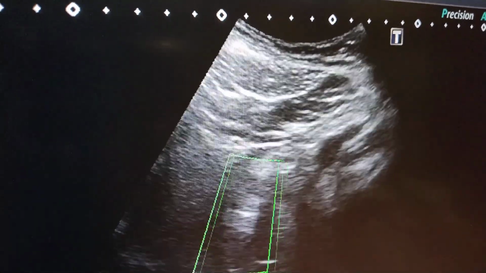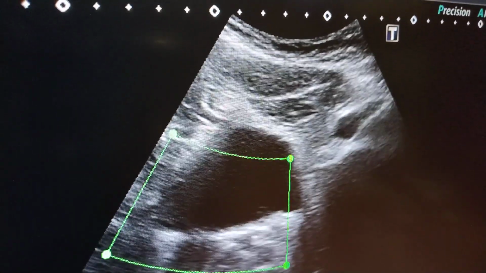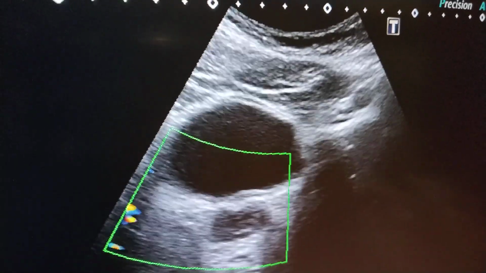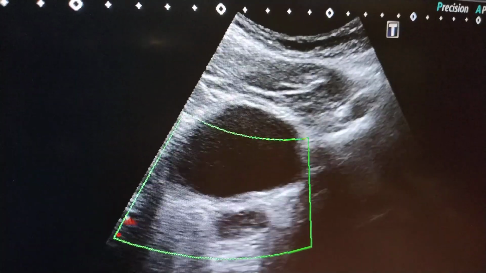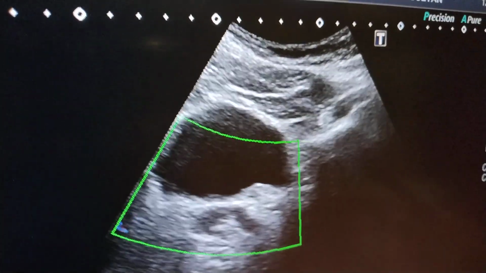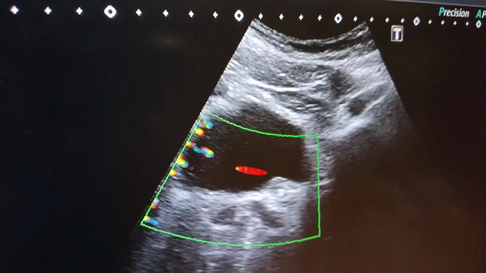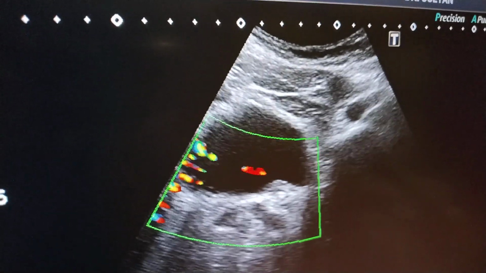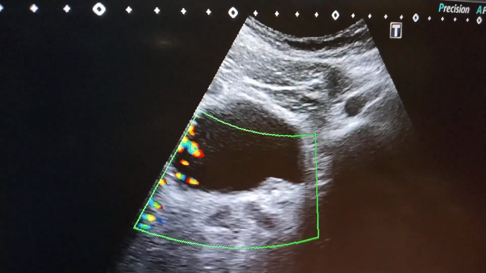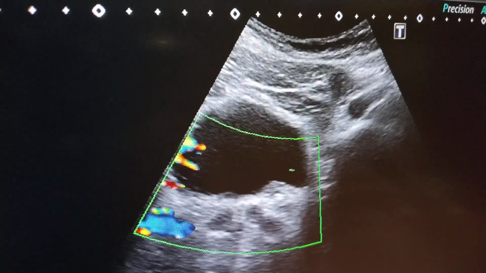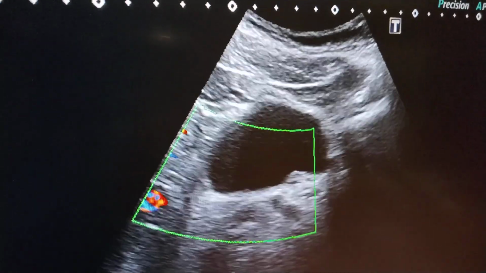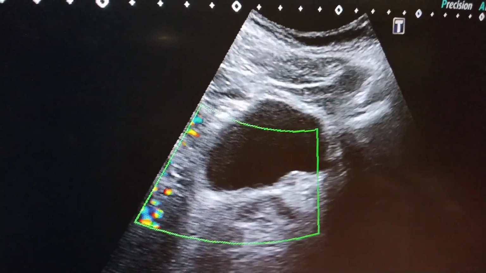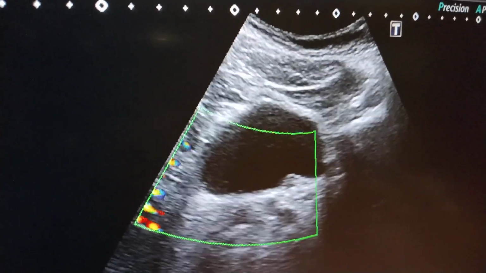So this is another thing we should see: we can see the ureteric jet while using the color. It will also show whether there is an obstruction, partial or complete, at the VUJ region.